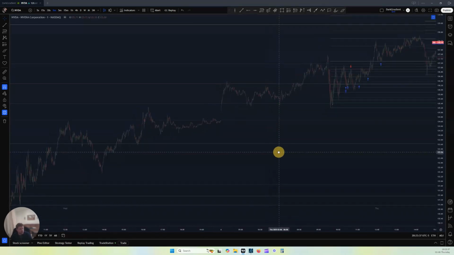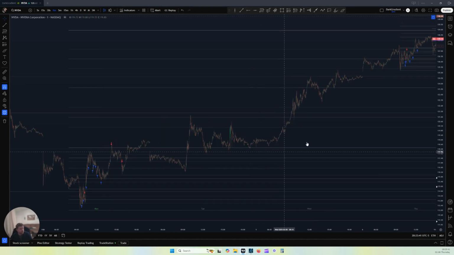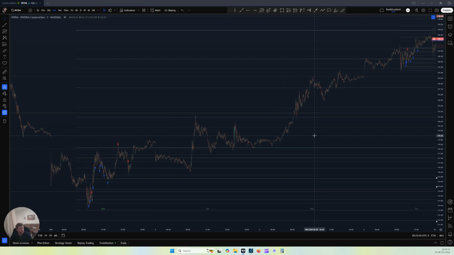But what I actually look for, and I call this the highest probability trade that I've been able to find so far, is something where we have an accumulation range, and I project that 2x to find a potential target.